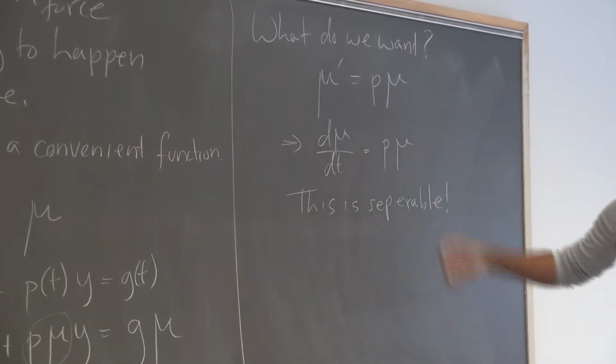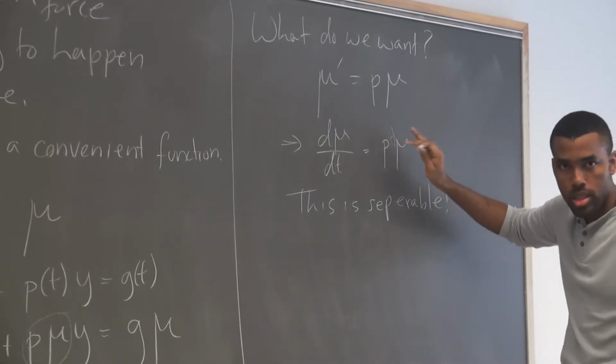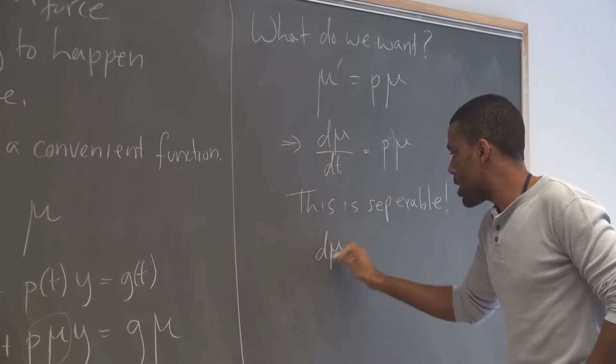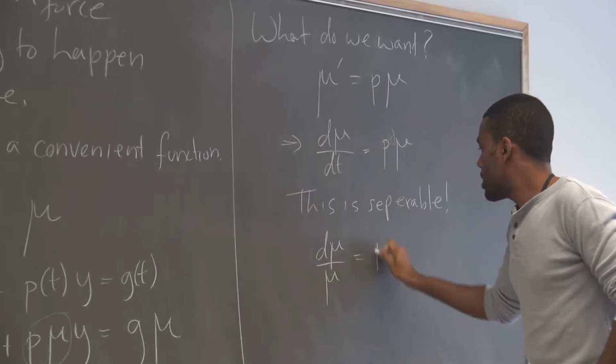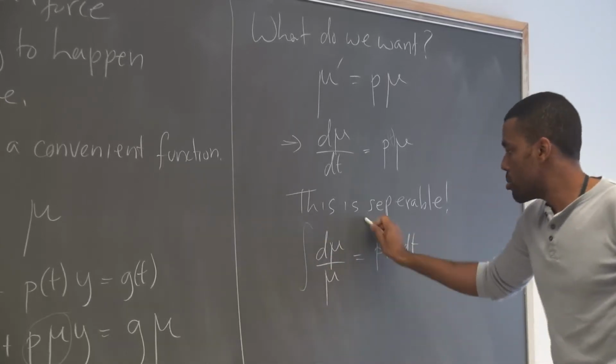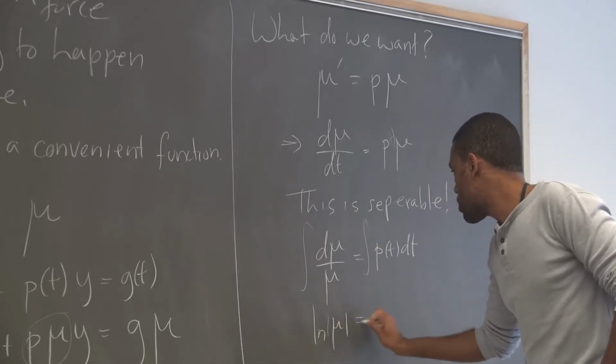I can bring the mu's and the t's on each side, right? Remember, p is a function of t, even though I don't write it. It's not a constant, it's a function. So I can bring the mu on this side, and then I have p of t dt on that side. I can integrate both sides. Here I would get ln of mu.